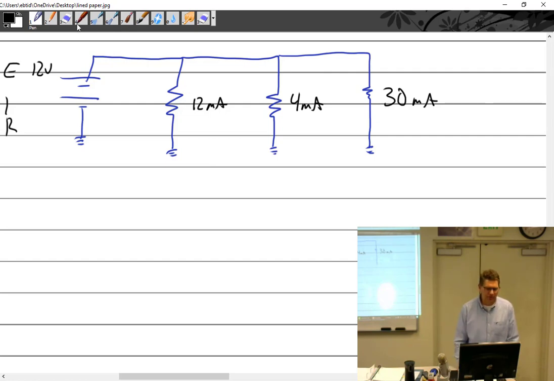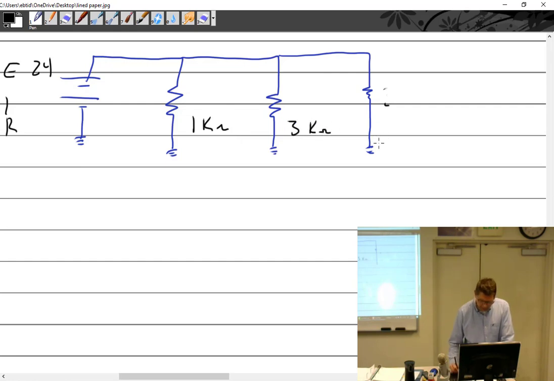I shouldn't have given you those numbers. They're wrong. I have certain things that are givens and certain that are not. So let's do this. Oops, even that's not right. 24. I got it here now. I'm on the program. 1K ohm, 3K ohm, and 400 ohms. There we go.